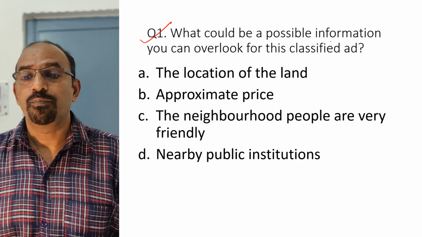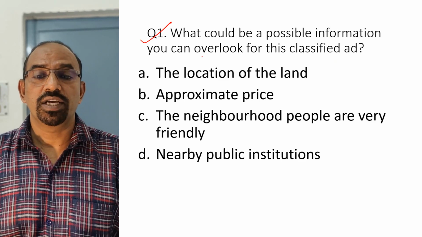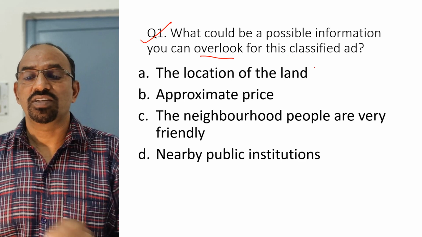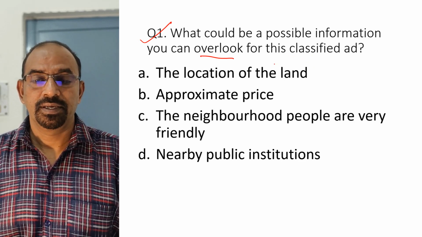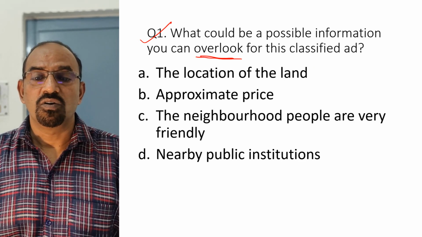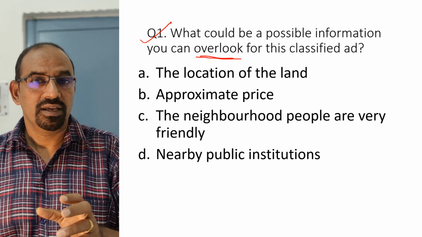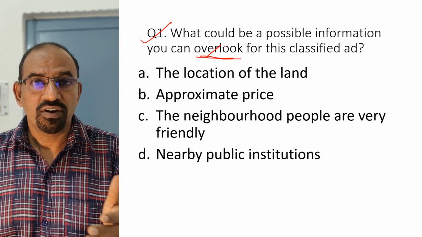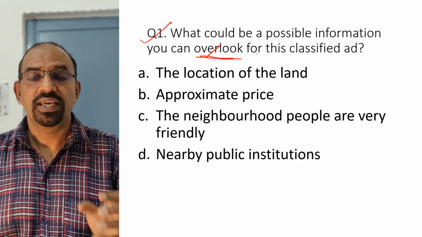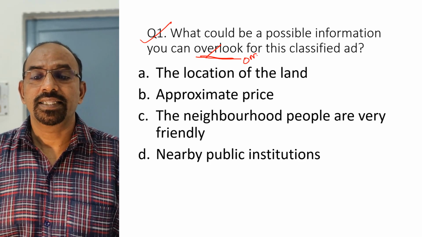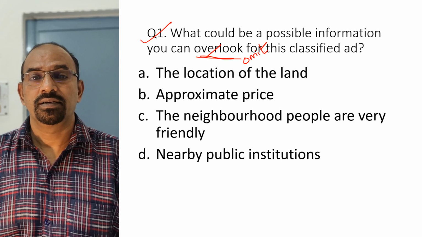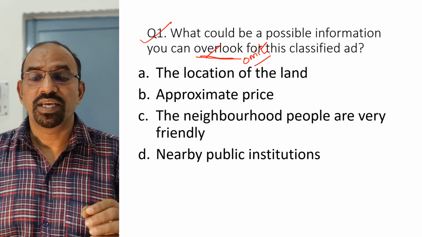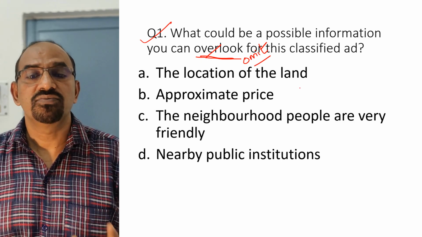What could be a possible information you can overlook for this classified ad? Here, this word overlook may be a new one for you. It is not the usual way of overlooking things, but here we can take the meaning as omit. Which information can we omit from the given ones?